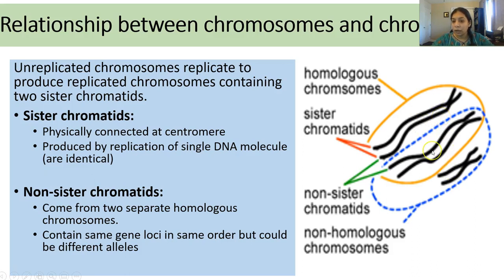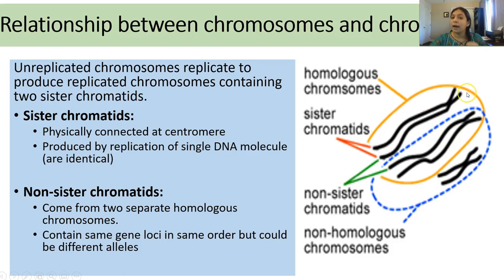Over here, this is from your mom, let's say, and this is from your dad, and these two are again sister chromatids. But this sister chromatid from mom versus this sister chromatid from dad are your non-sister chromatids, because they have the same genes in the same order, but they're coming from a different homologous chromosome of the pair.